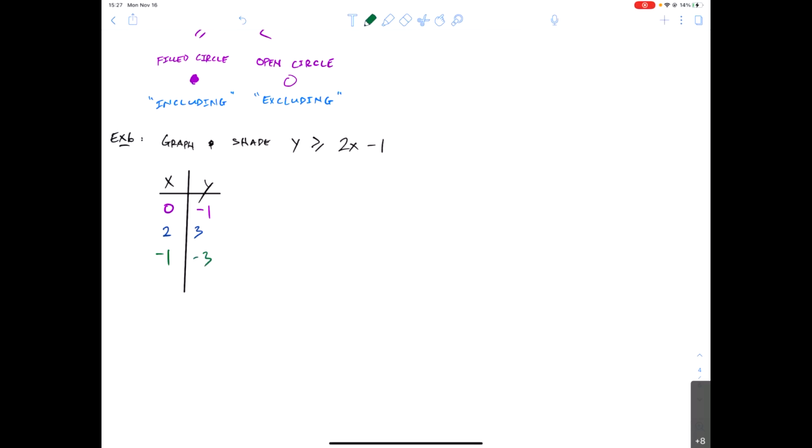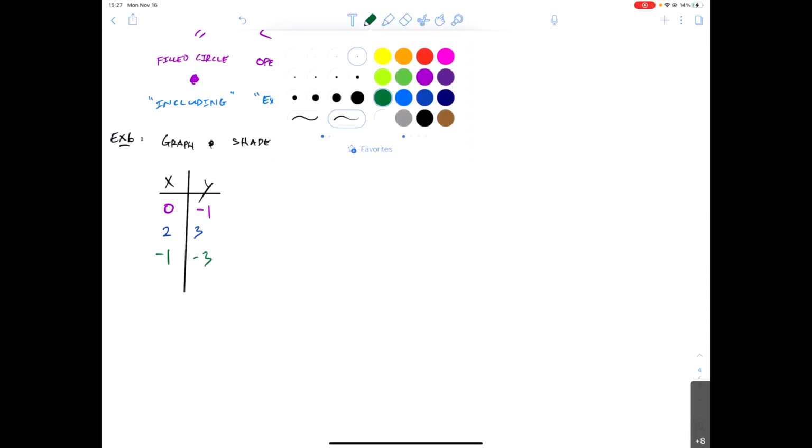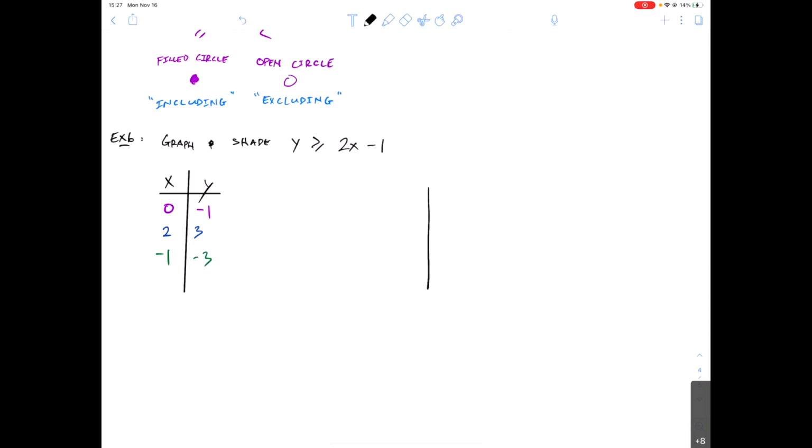So let's graph these 3 points and see what happens. Let me draw my little tick marks.